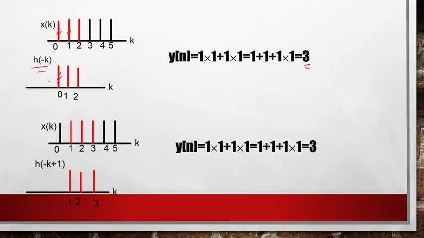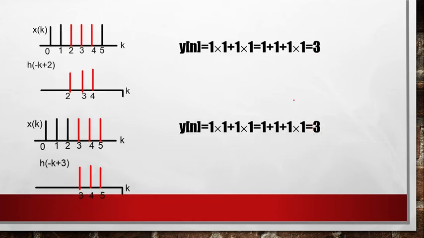In the next case we will shift this h k in the right hand side by 1 unit. If I shift this signal by 1 unit, what is going to happen? This signal is interacting with these 3 signals, and finally the output we are getting is again equal to 3.